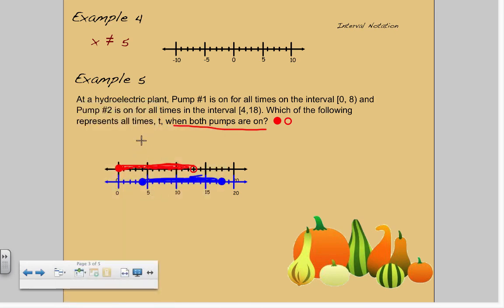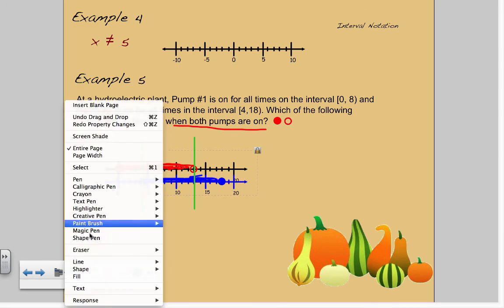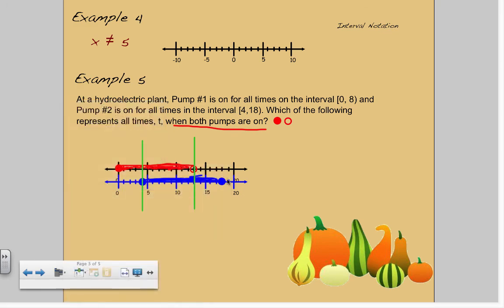Well, it seems to be that right here they're both on, and kind of right there. Because over here, only blue is on, and over here, only red is on. It's in between where they are both on.